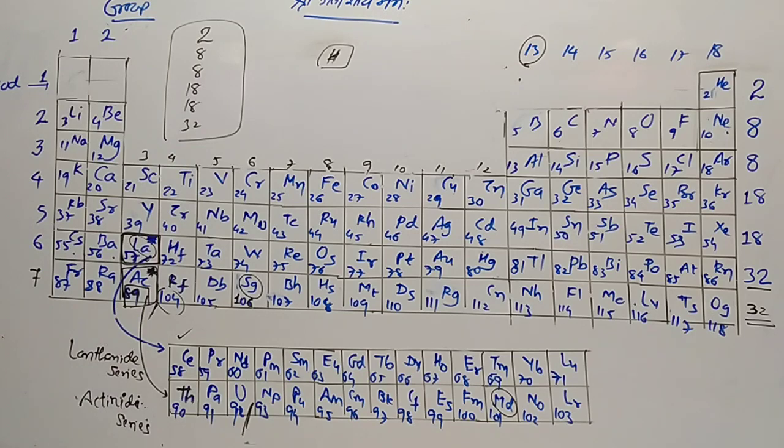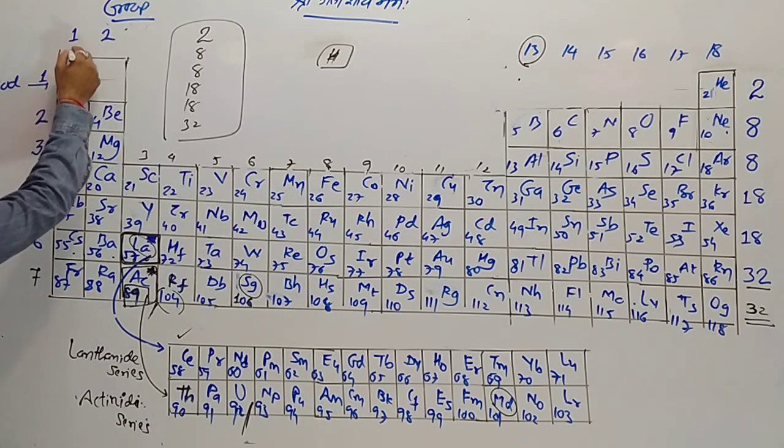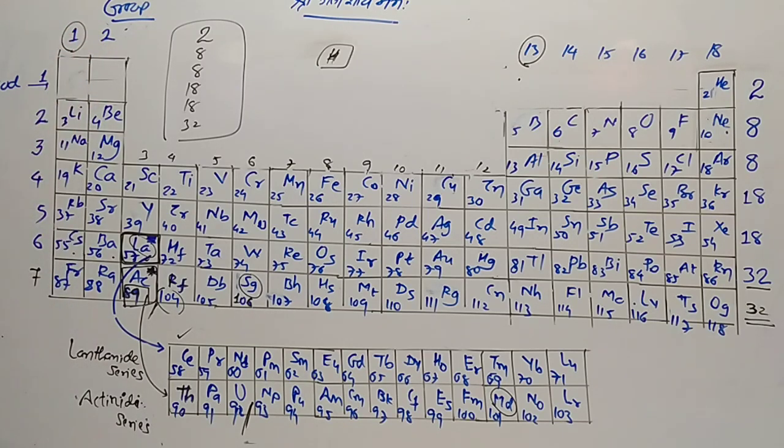But this trick is for natural elements. Listen carefully. These 6 codes are for natural elements, not for man-made elements. Here, first group, remember: lithium, sodium, potassium, rubidium, cesium and francium.